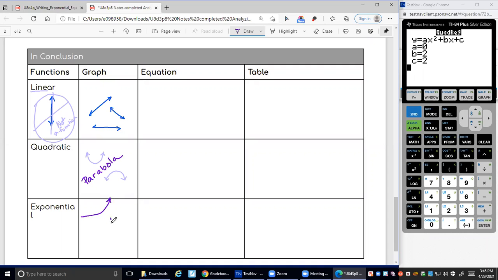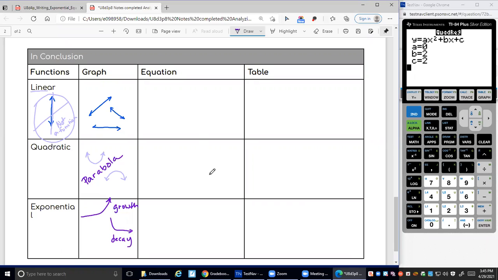Or I'm right here and I drop, whoop, like this. So this one right here, this is growth. Exponential growth where it's real slow, and then it just takes off. And then this one right here is decay, where it drastically drops and then it gets a little more even, okay?